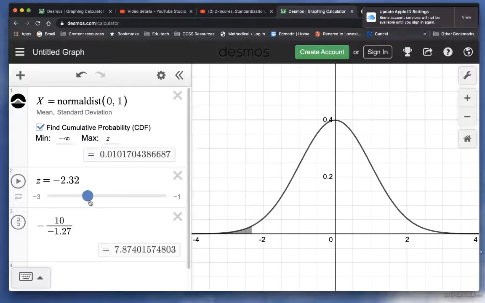You could go a little bit above or below, but because the question is asking for 1%, I probably want it less than 1%. It really doesn't matter, actually. These are both extremely close to 1%, so either z value would work. Let's take this one, -2.32. That gives me about 1%.